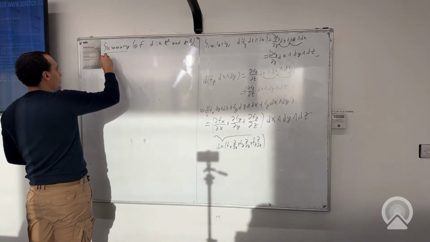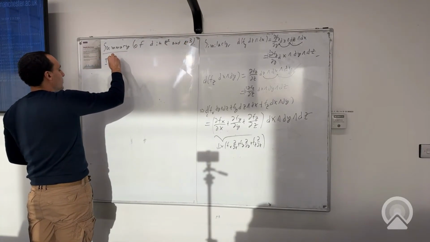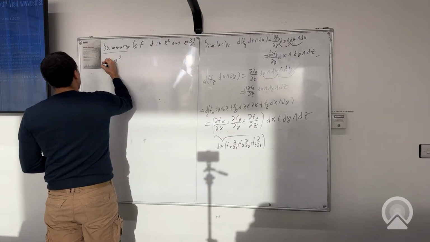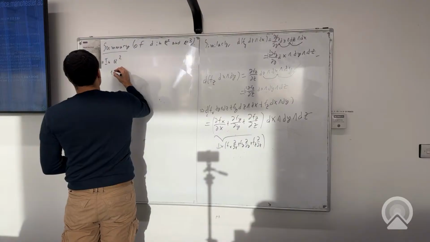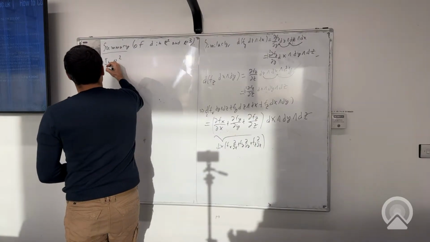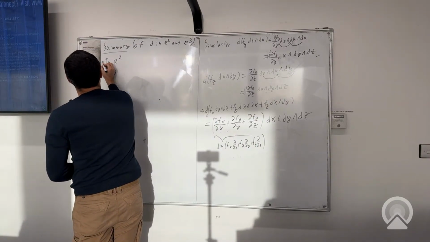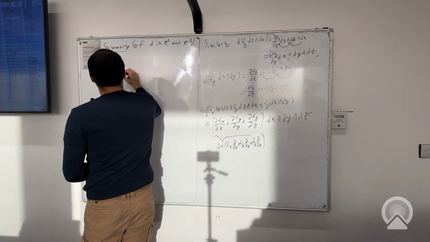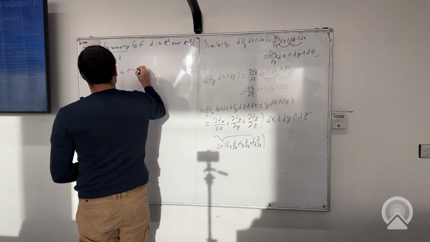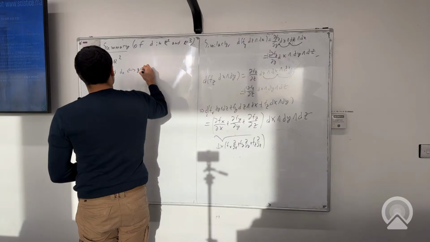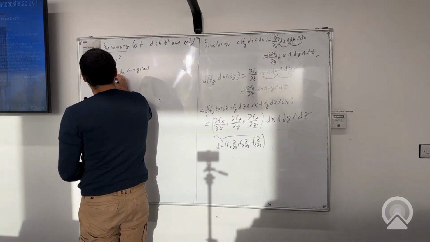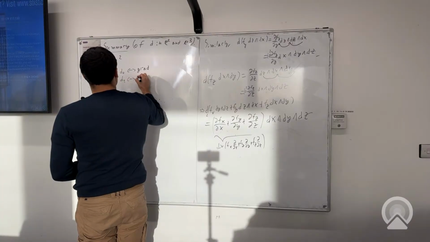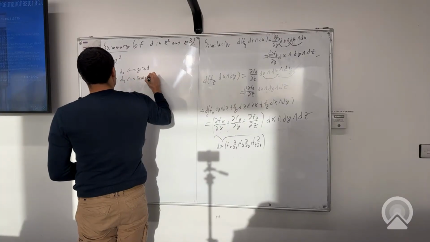So in R2 we'll have, no, this is 2. d0 is like gradient. And d1 is like scalar curl.